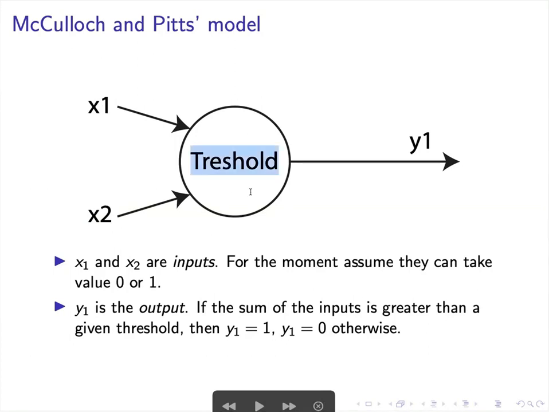And then I can put a threshold here. I can say, if the sum of these two numbers exceeds some threshold, then I will also fire. So then my output will be 1, and it will be 0 otherwise, okay?